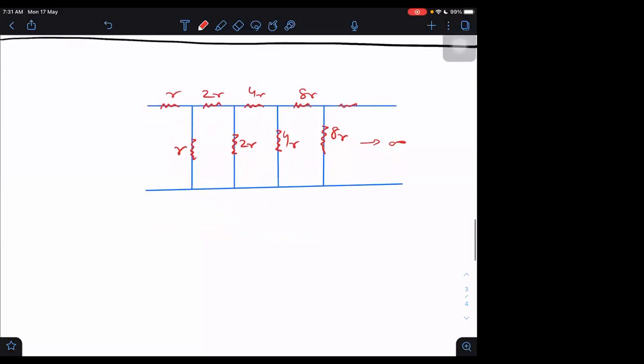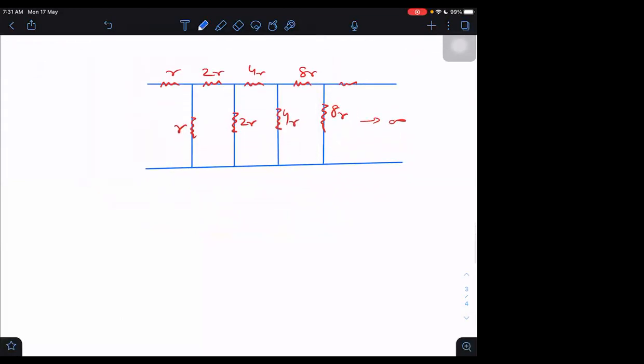How to find out now? Again, simple way only. Let the total resistance be X as seen from here.